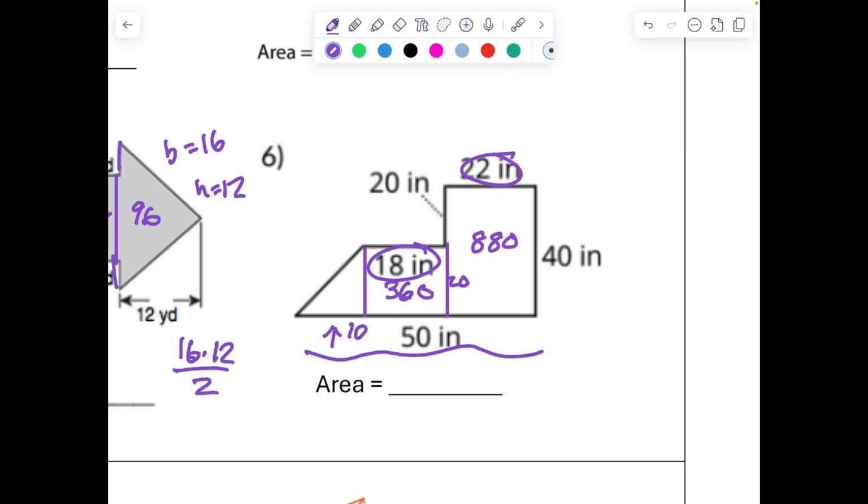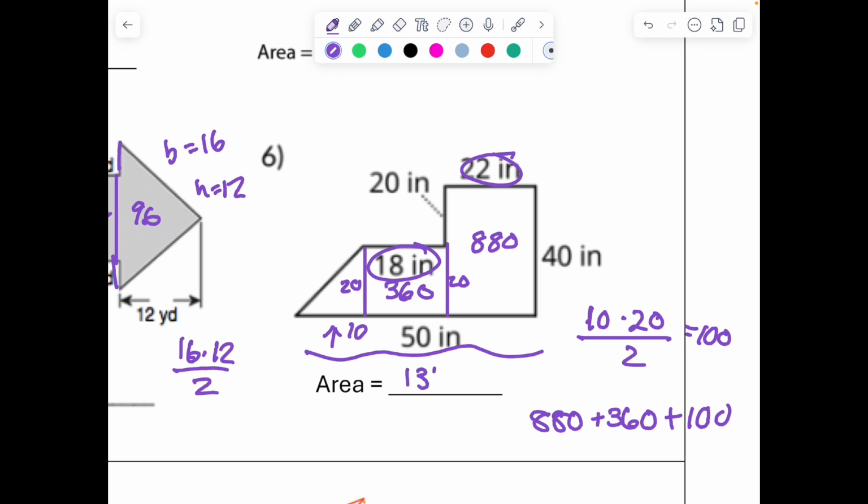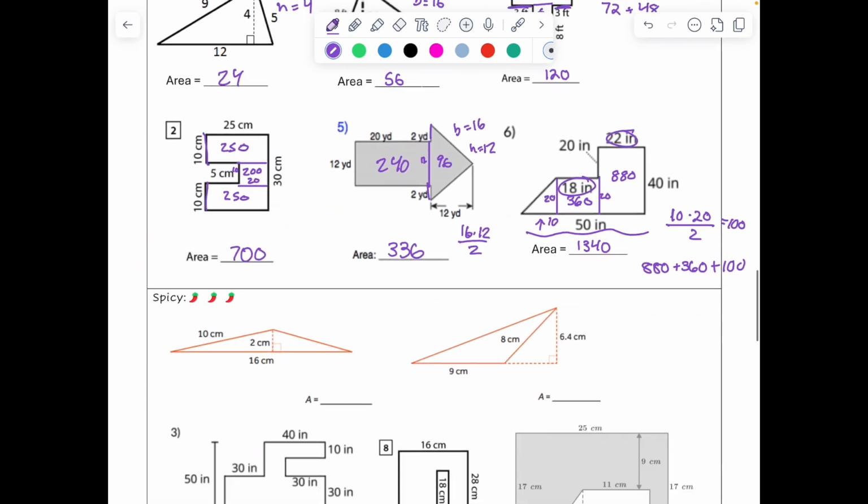So this is only 10. And then we already talked about the height is 20. So 10 times 20 divided by 2 is going to be 100. So we've got 880 plus 360 plus 100, which is 1,340.